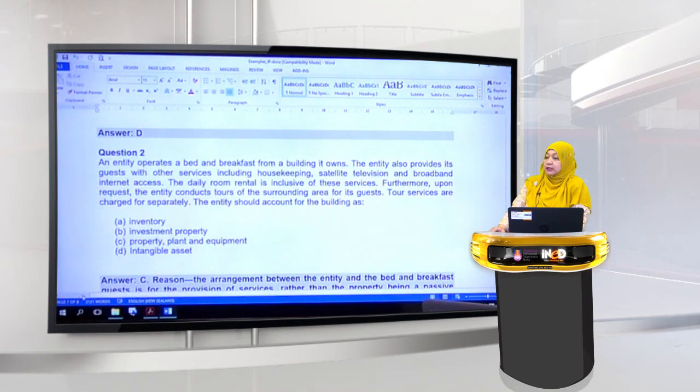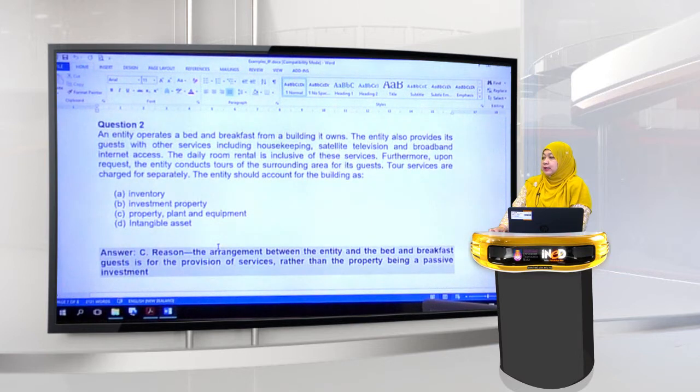Tour services are charged for separately. Then this entity should recognize the building as property, plant and equipment. So the answer is C, that is the arrangement between the entity and the bed and breakfast guest is for provision of services rather than the property being a passive investment.